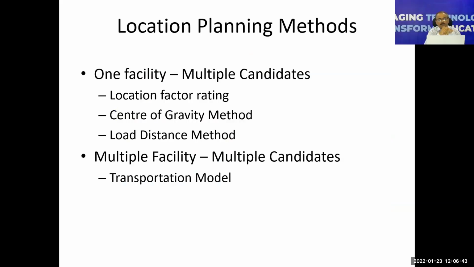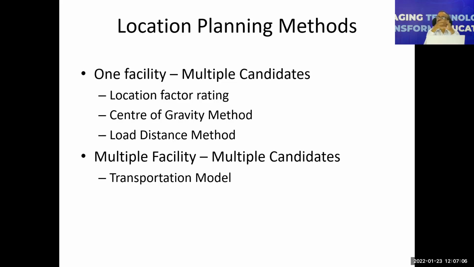So there are many methods, or different models, which we can utilize for the location planning decision. The kind of situation we may come across is one facility and multiple candidates, wherein there are multiple candidates that need to be served.